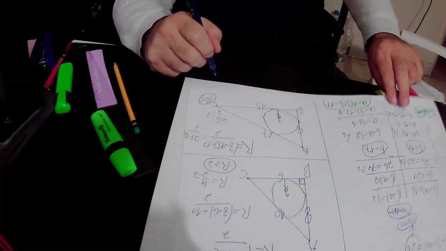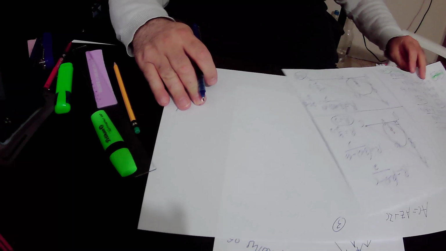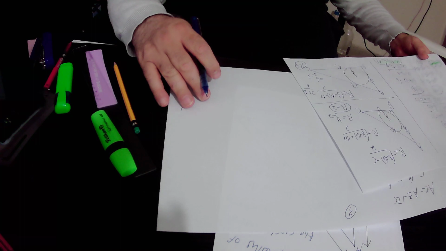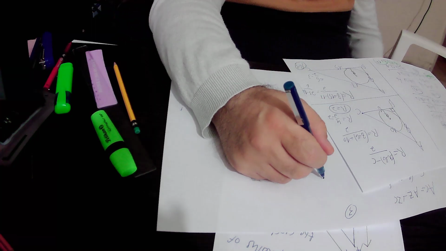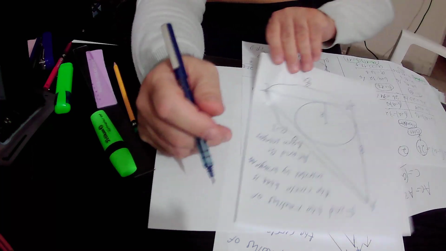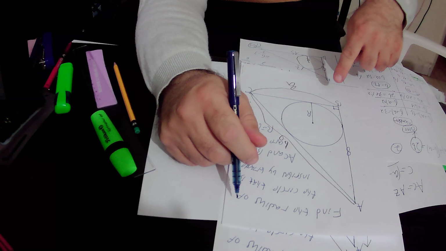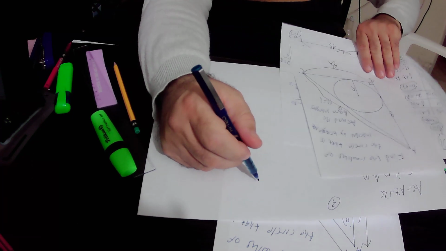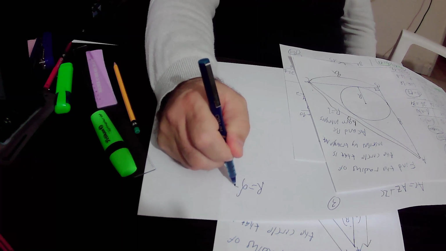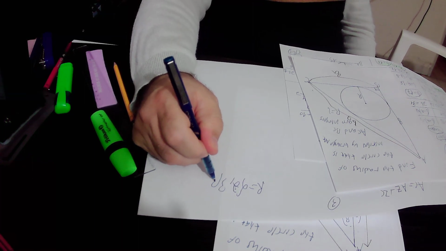So in conclusion, we actually found out that we have two answers to this question. The radius of this circle that is inscribed by the right triangle, triangle ABC, will be equal to either 2 units or 3 units.